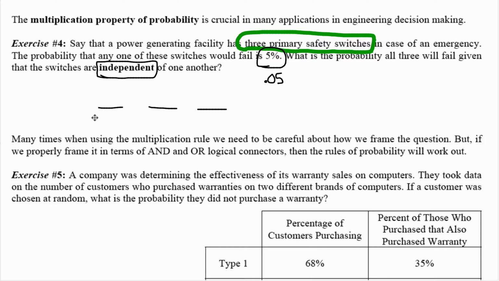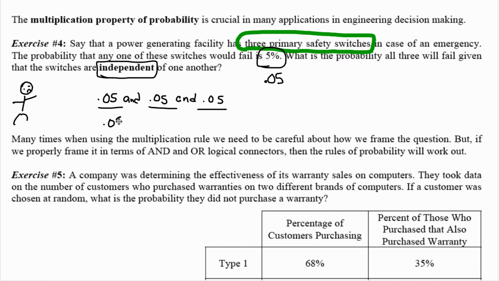So basically, if I were the foreman of this company, what's the probability that this switch fails and this switch fails and the third switch fails? I'll be very upset if all 3 fail, because then there's going to be no power.